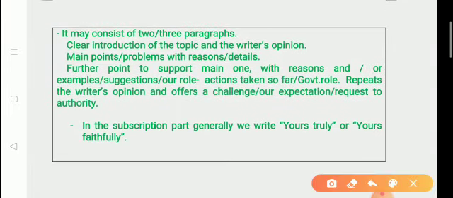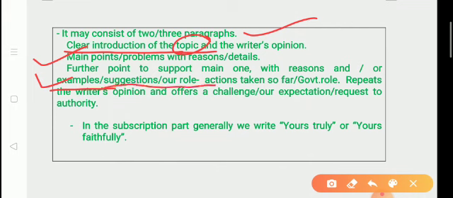Now coming to the way in which we should write the letter. It may consist of 2 or 3 paragraphs. In the beginning you will introduce the topic and the writer's opinion, and it should contain main points, problems with reasons, details, and further points to support the main point. If you write something supporting the topic with reasons and examples, you can give suggestions also.